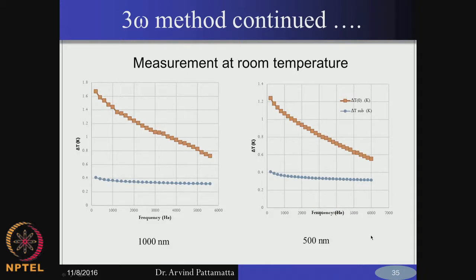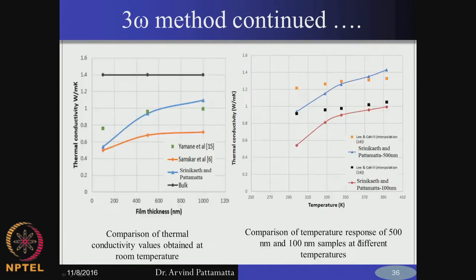We have done some of these measurements at our laboratory at room temperature as well as at elevated temperatures, and this gives you an idea how the thermal conductivity varies as a function of film thickness and also as a function of temperature.